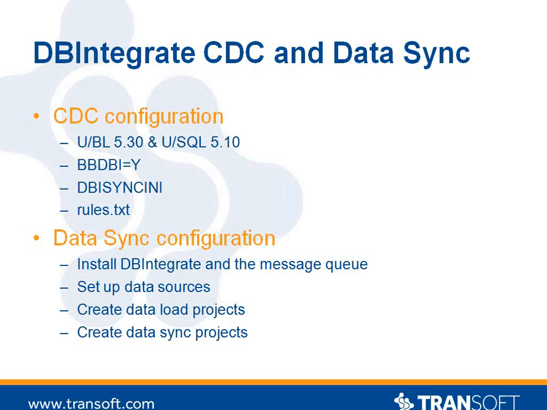The rules.txt file contains a list of the files and actions that you want UBL to notify DB Integrate of any updates to. On the DB Integrate side, we need to install DB Integrate on the message queue, set up data sources, create data load projects, and create data sync projects. I'll show a data load and a data sync project in a second.